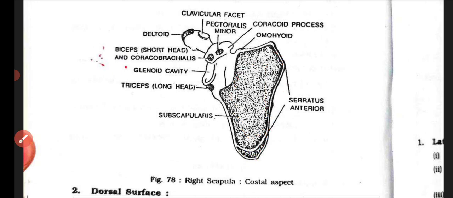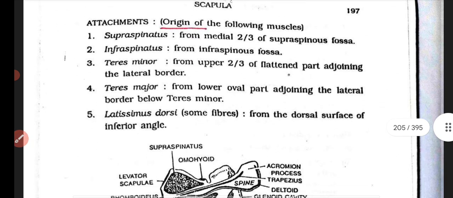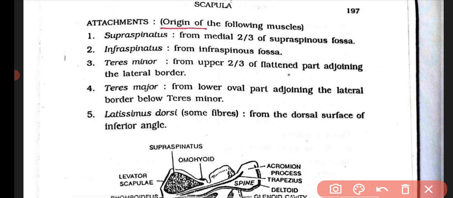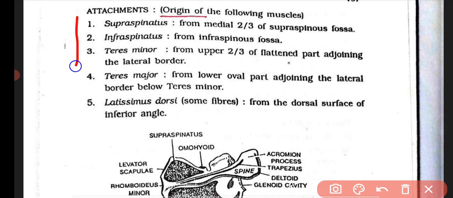But in this case, all the five muscles, I will tell you, all the five muscles are originated from where? From the dorsal surface.